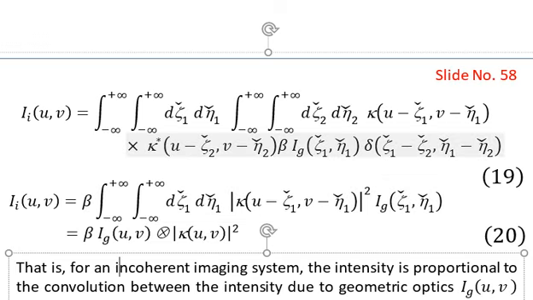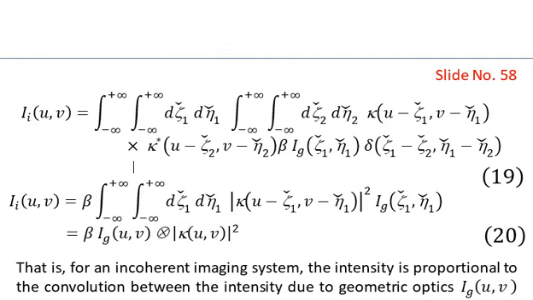One is kappa, the other is the complex conjugate of kappa, and at the same coordinates we have the absolute square of the value of kappa, which we have shown in equation number 20 as kappa of u minus zeta 1 and v minus eta 1, and then we have Ig at zeta 1 and eta 2. So you see that in the first row of equation number 20 we have all the parameters which are only zeta 1 and eta 1 dependent, because the integration variables are also zeta 1 and eta 2.